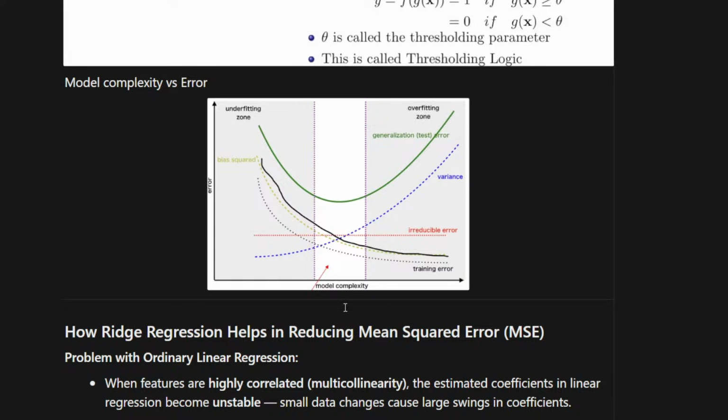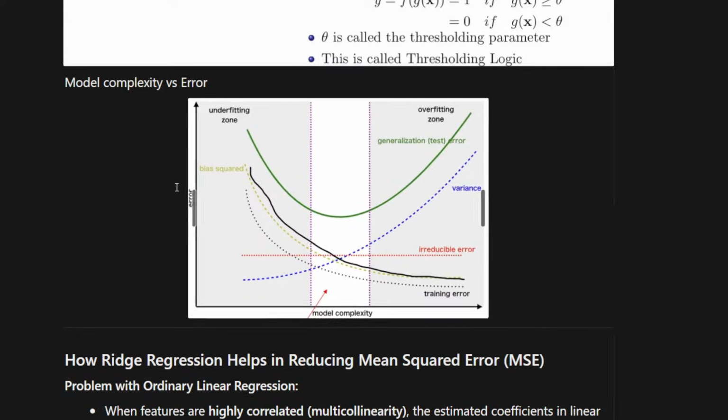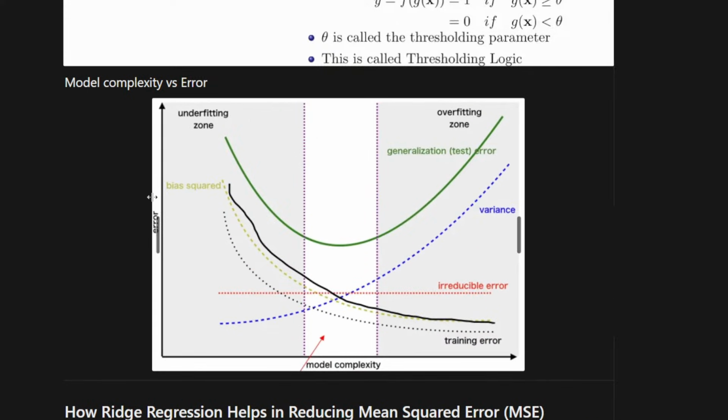Okay, model complexity. The X-axis represents model complexity. The Y-axis represents the error. This error is often calculated using ordinary least squares or some similar methods, L1 error, L2 error, like that. As the complexity of the model increases, you can notice two things.